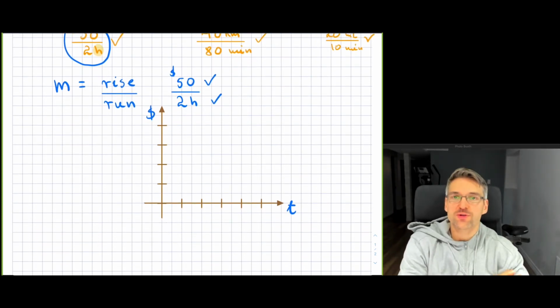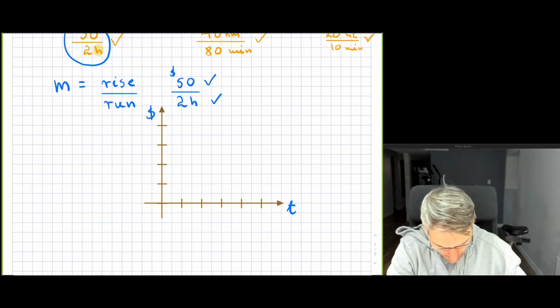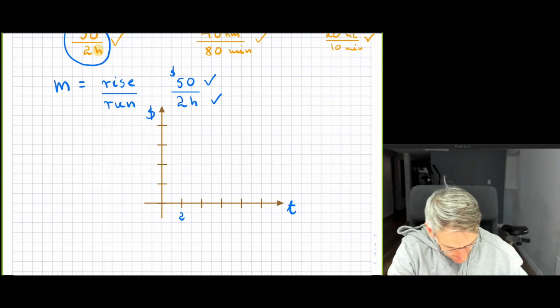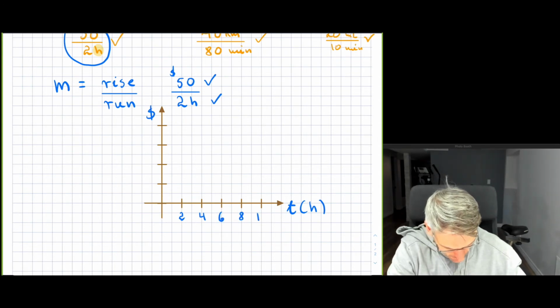So in terms of graphing, I can put the time there. So for instance, this is 1, this would be 2 hours, and this is all in hours, so let's put that in brackets, and then 3, 4 hours, 5, 6 hours, 8 hours, and so on.